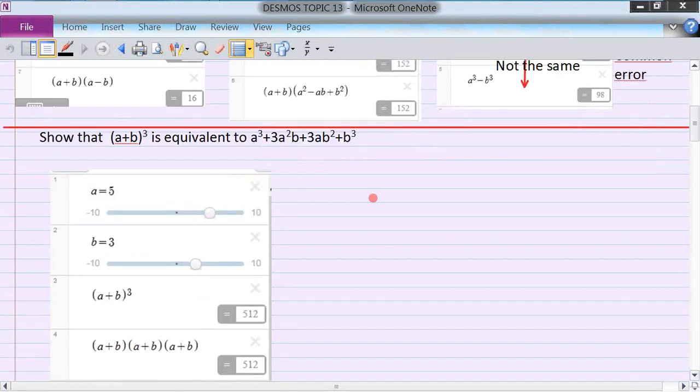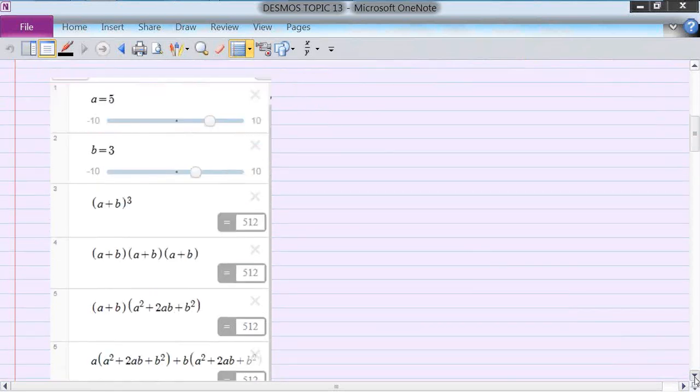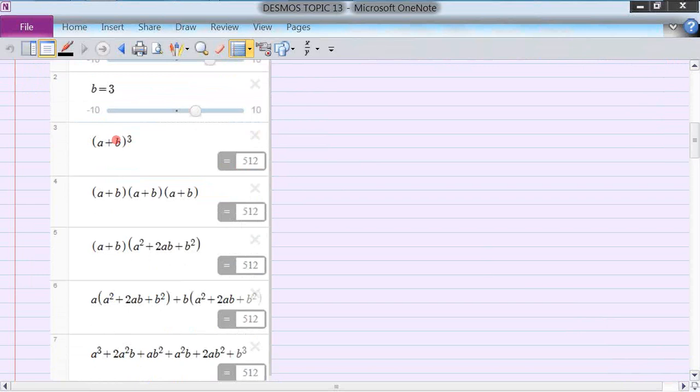Here what I've done is to show that a plus b cubed is equivalent to a cubed plus 3a squared b plus 3ab squared plus b cubed. So again, we start off with a and b being identified, sliders, and now a plus b cubed is a plus b times a plus b times a plus b.